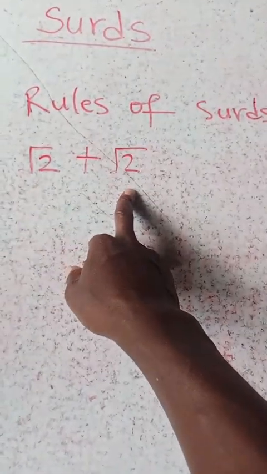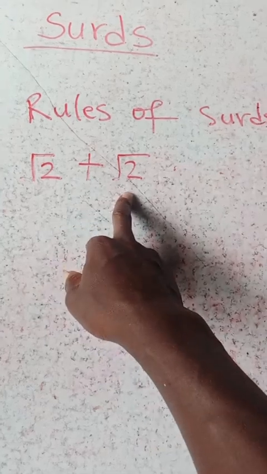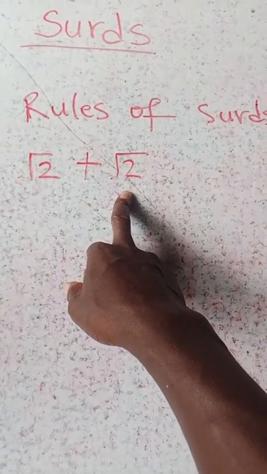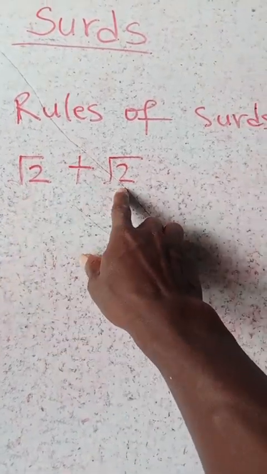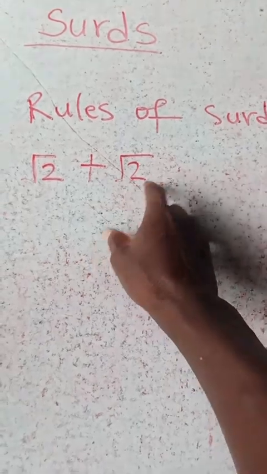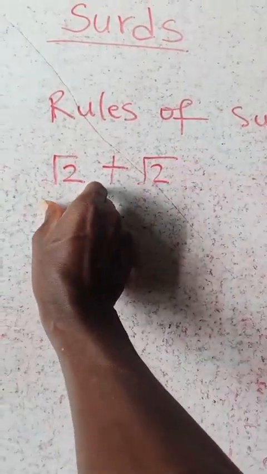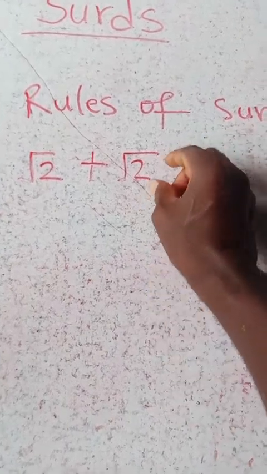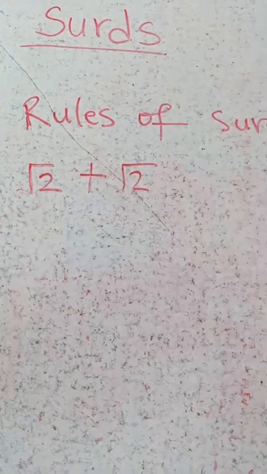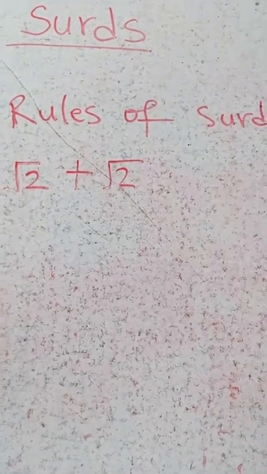Since the roots are the same, you can add them. This is one of root 2, this is another one of root 2. So one of these plus one of this means two of this. One of root 2 plus one of root 2 should be 2 of root 2.